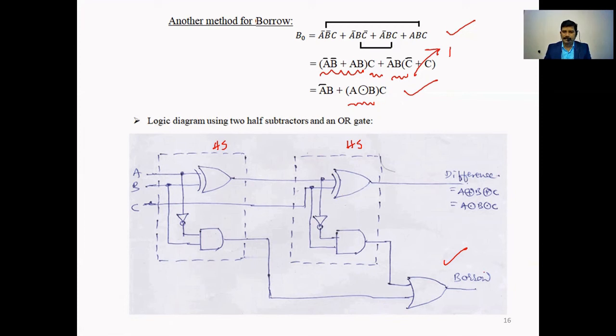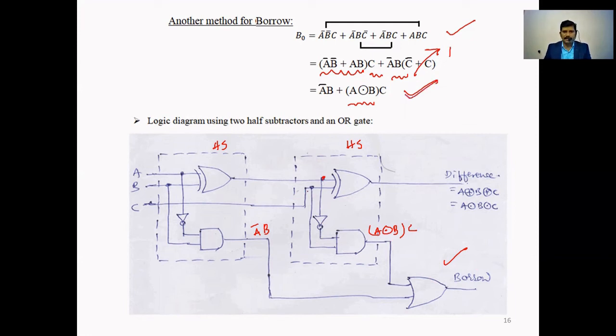So how to get this borrow here? This is A bar B. Here we get A bar B, and here A XNOR B. This is actually A XOR B, and a NOT gate is there. We get A XNOR B because of this NOT gate, into C. If you take an OR gate and just add them, you will get this borrow here.